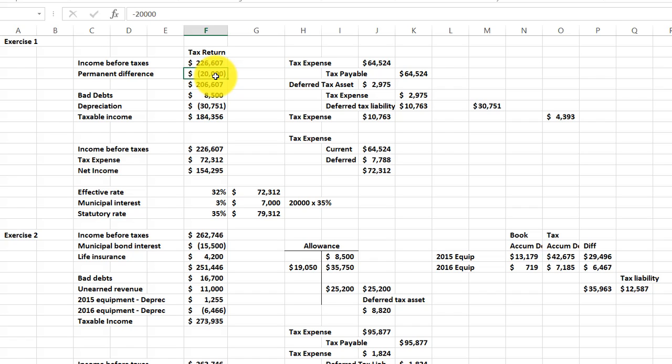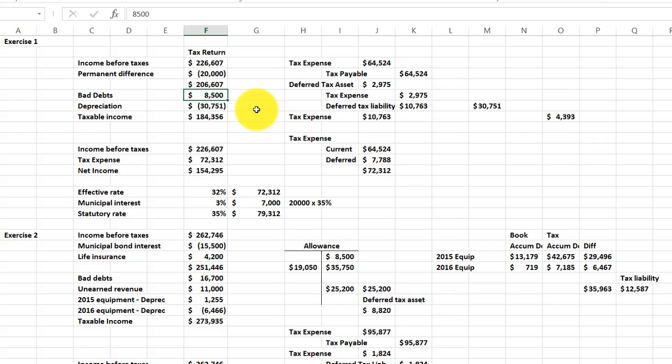We take the permanent difference off before we get to taxable income no matter what, so that part isn't different. But then, as you'll notice here with bad debts, instead of looking at two columns and comparing the two bad debts, we take the difference in bad debts for the current year, and we just add that back to the tax return, knowing that on the tax return it was 3,500, on the income statement it was 12,000.